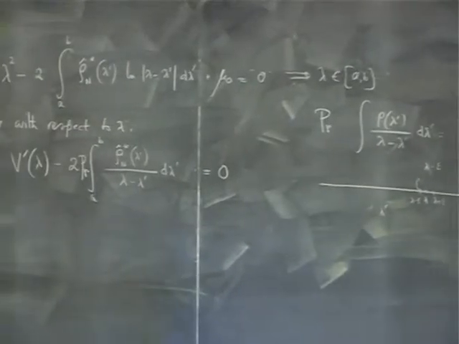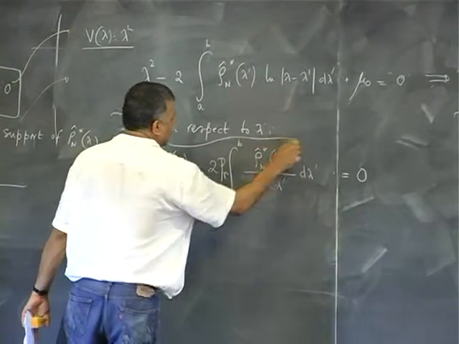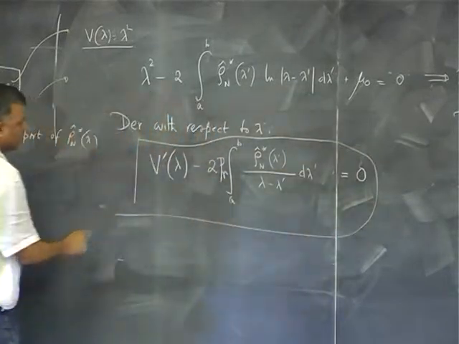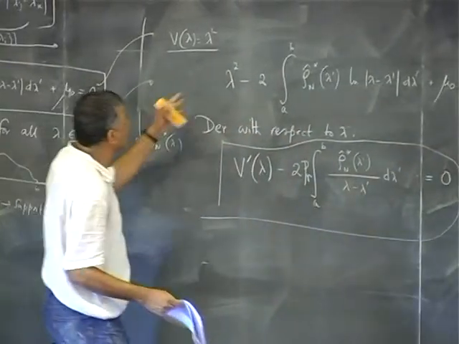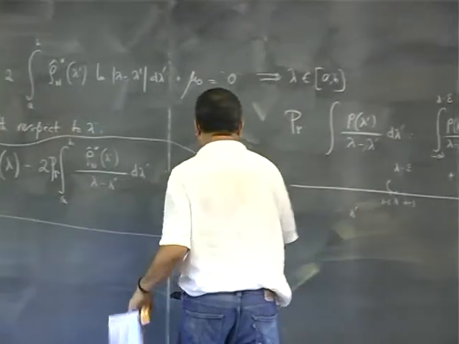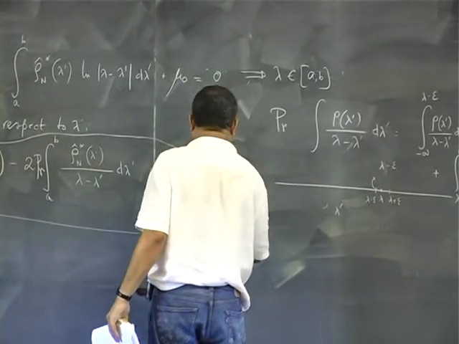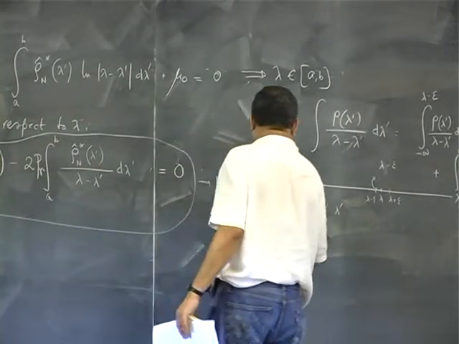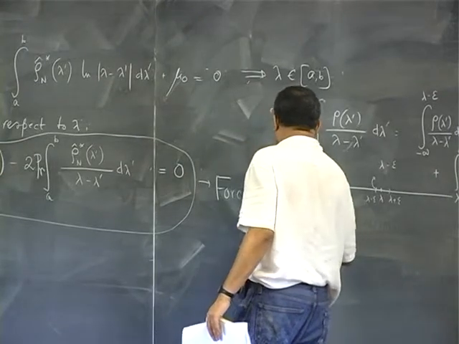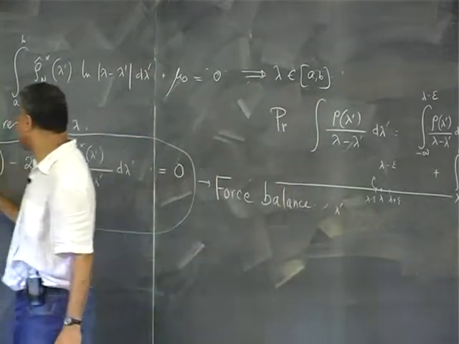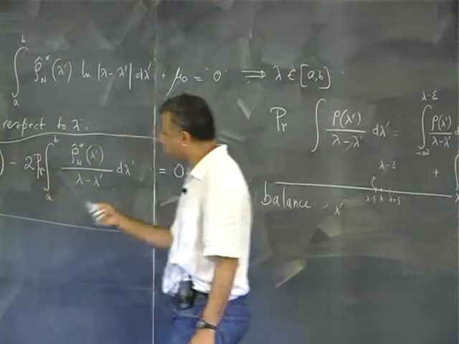Again, this has a physical interpretation. This was the energy conservation condition, but this is like a force balance condition. This term, or minus of that if you like, is the force that a charge feels.